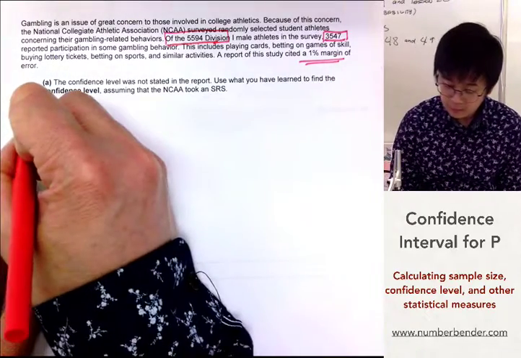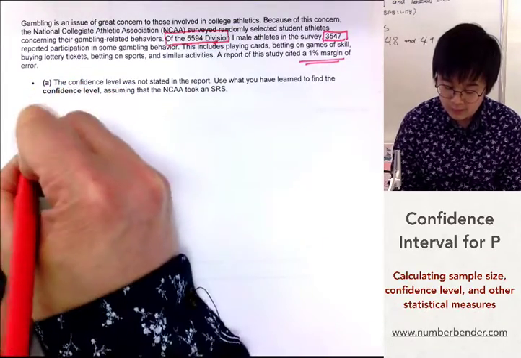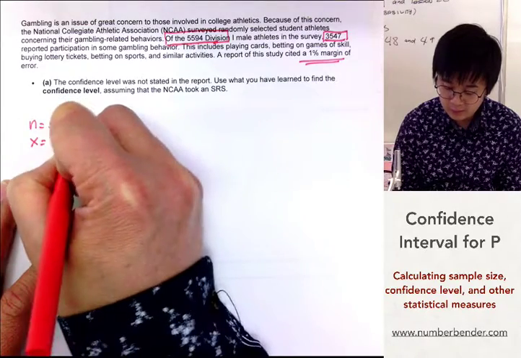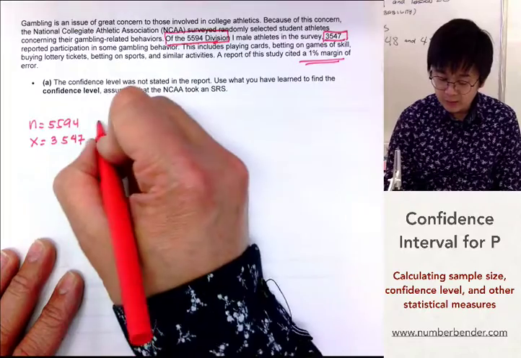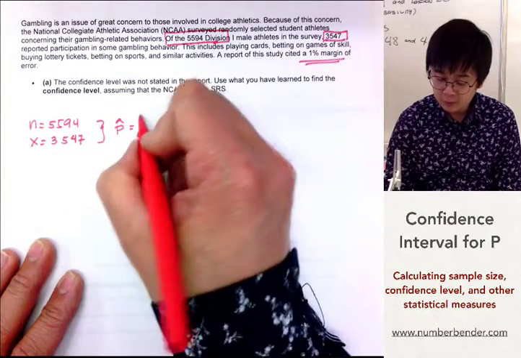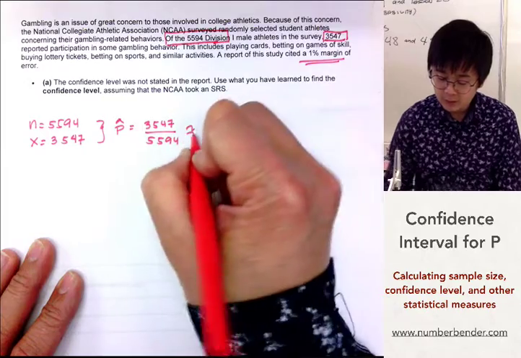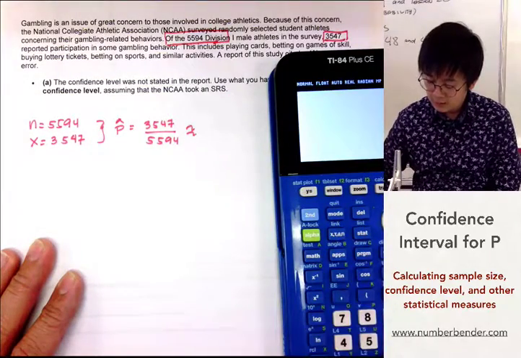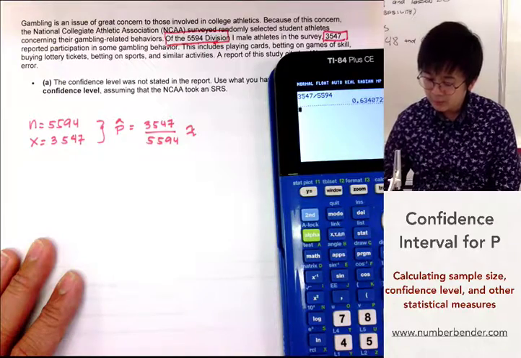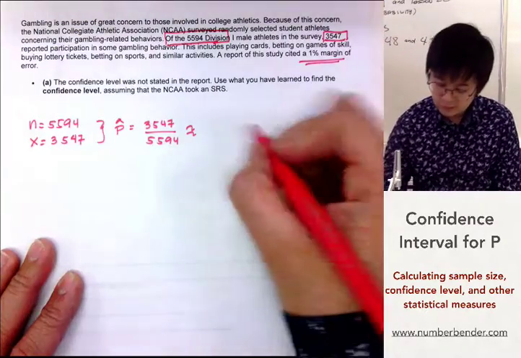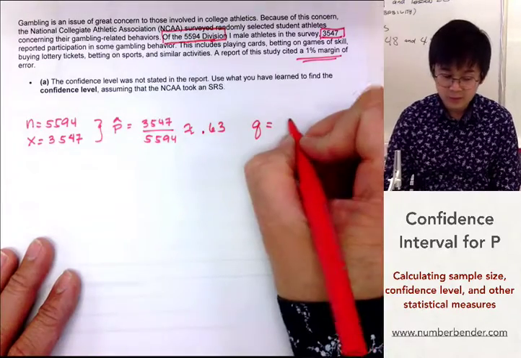So if we have n equal to 5,594 and we have x of 3,547, which is the number of people who will participate in this particular study, we're going to be finding p hat by dividing 3,547 by 5,594 and using our calculator. 3,547 divided by 5,594 is 0.6340.